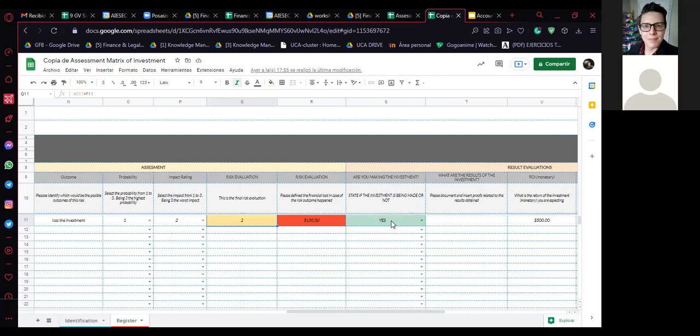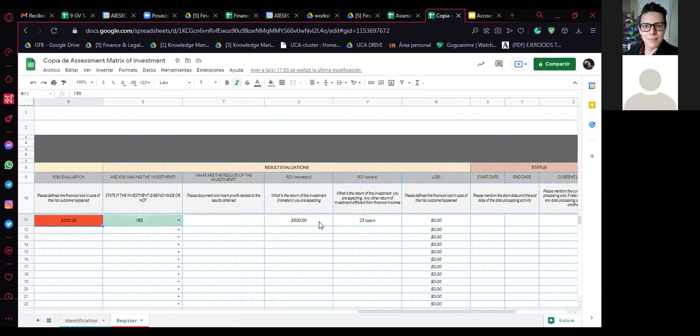It is not a risky investment. And the risk evaluation is the money that you may lose if something goes wrong, just to have it clear. At the end, the results evaluation is: are you going to make the investment? If you're going to make it, yes, you just place a proof of the investment.